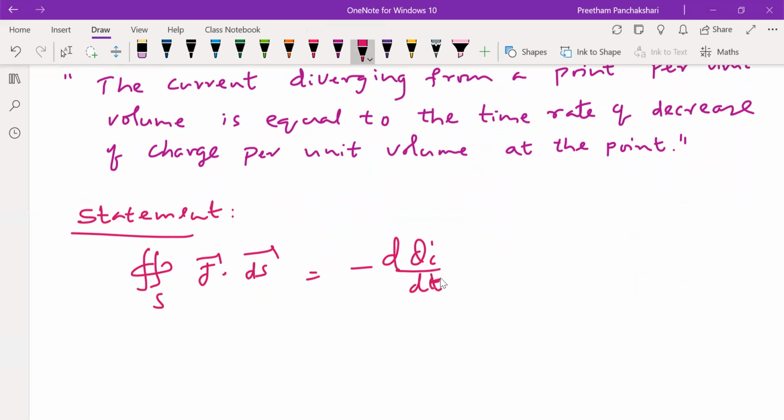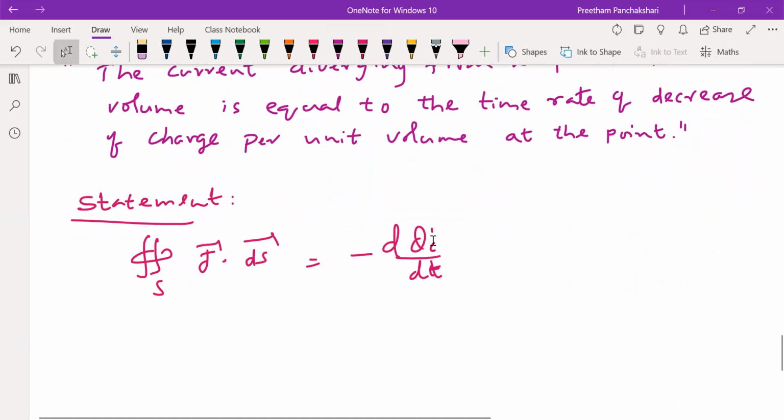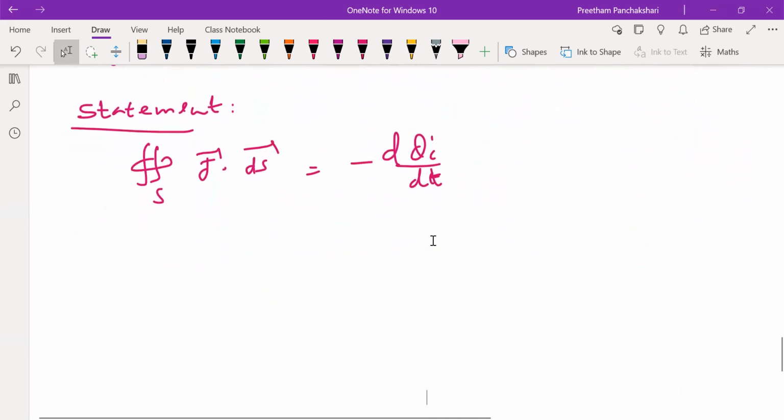So this equation gives us the mathematical statement of the continuity equation. So let us analyze the continuity equation in integral form in the same manner as we did the point form. Let us now start with the J.